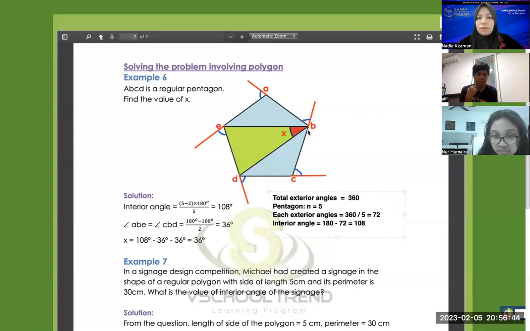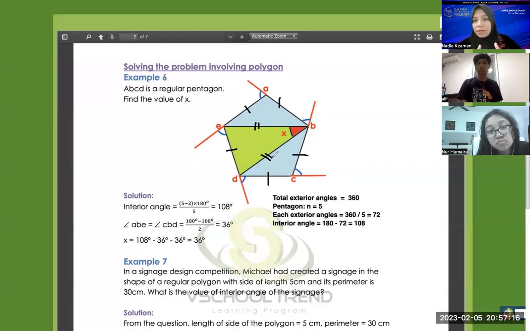What you need to do next is, since this is a regular pentagon, remember just now, you have the same length at each side. But when you want to find x, it becomes an isosceles triangle.